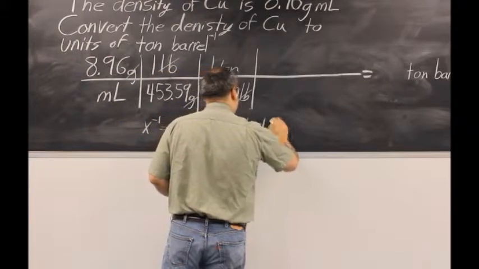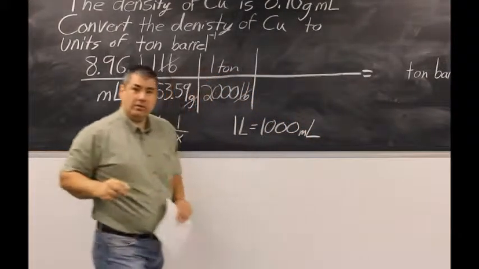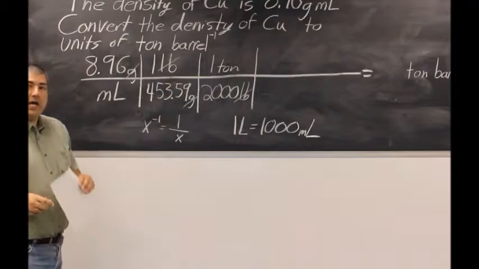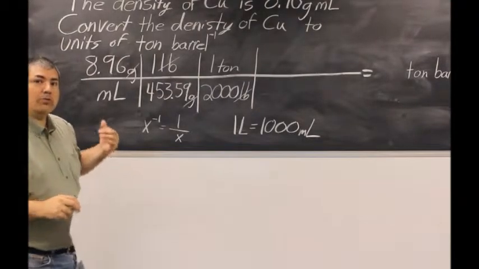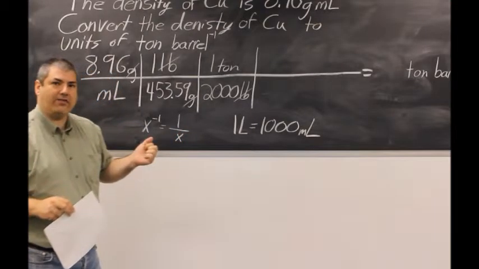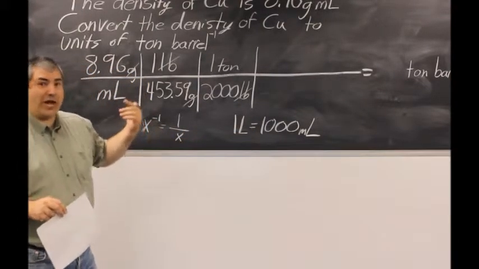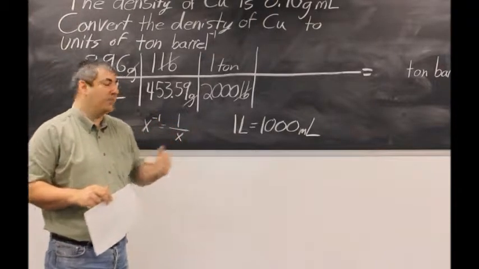1 liter is 1,000 milliliters. Again, refresh your memory with that handout I gave. Kings have dungeons under dark castle moats. It's a ridiculous statement, but it's how I memorized it a very long time ago.